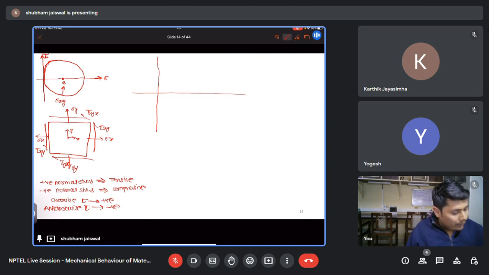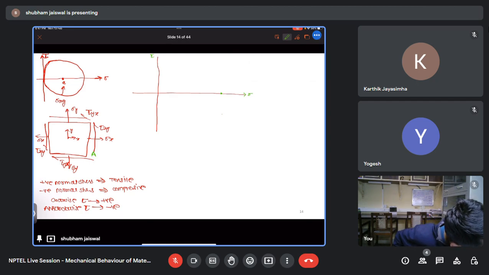So now if I consider a plane, it means face A. So here I will be having some sigma x. So this is our sigma, this is our tau. So let's say my sigma x is here. And the shear stress is acting in the anti-clockwise direction, so it is negative.